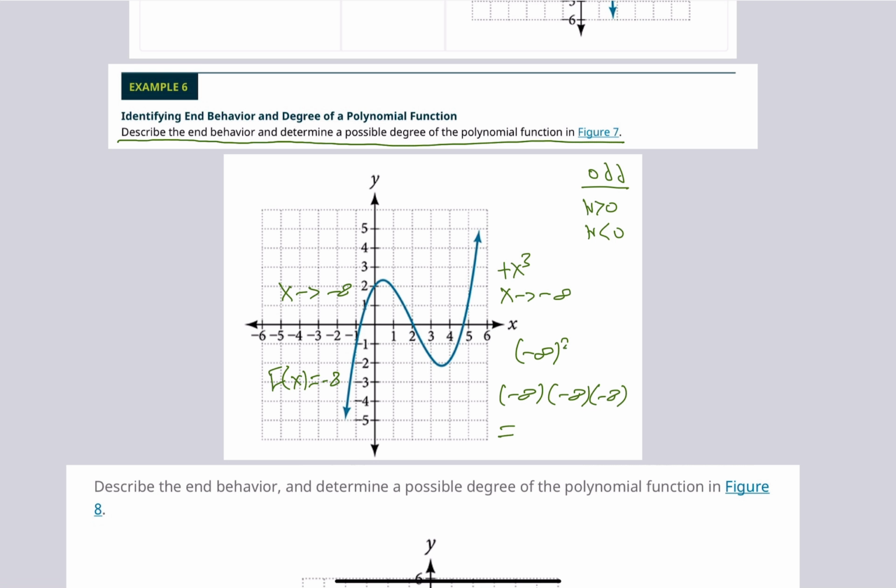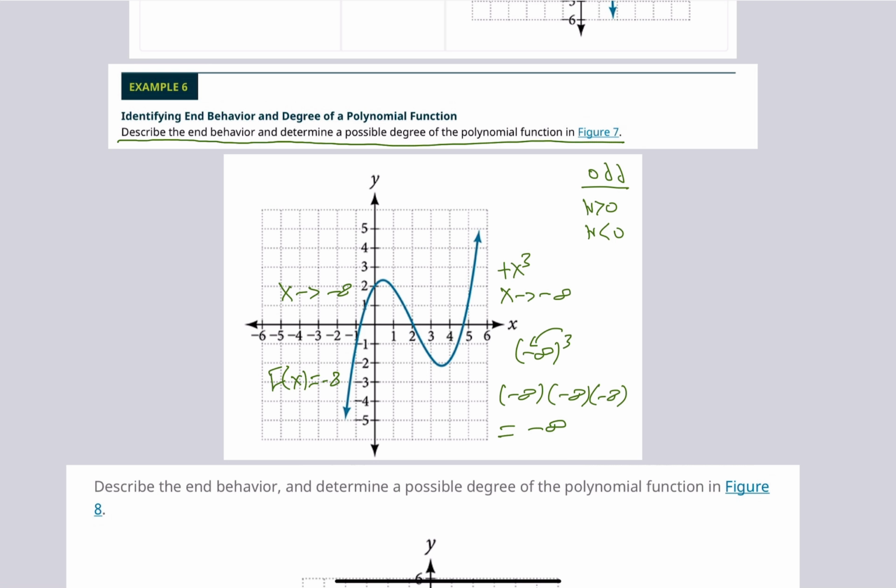Now, since it's cubed, what happens to the sign? It remains as it is. So we have negative infinity times infinity times infinity, which is negative infinity. So negative infinity cubed equals negative infinity.